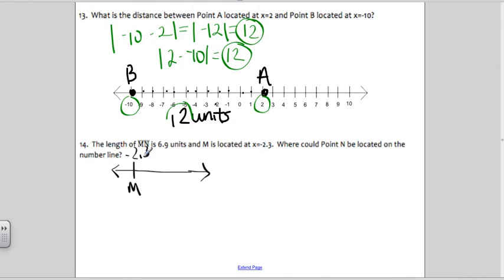Well, we know that N is 6.9 units from M, so I would have to count that many units. But the decimals don't really help us count like we could hopping on the number line here. So instead we have to think about, well, how did I go from B to A? Well, in order to go from negative 10 to positive 2 here, I would have had to add 12, going in that positive direction. So I can do the same thing here. From M, I'm going to move 6.9 units.